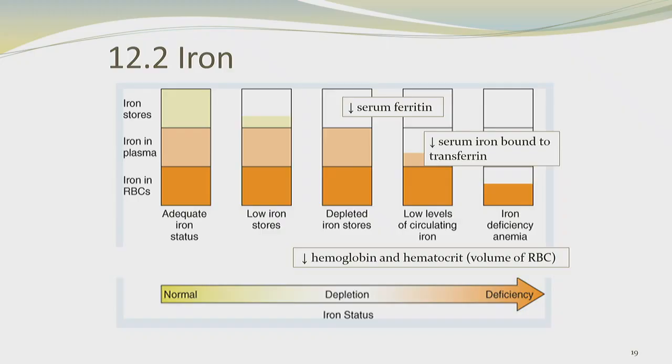Despite this, the iron in red blood cells may remain normal. So it is possible that you have a drop in your ferritin levels, however, your RBC levels of hemoglobin look normal, right? And that's why it's important that very often tests are taken for RBCs, but also it's important to understand what is happening with your ferritin levels as well.